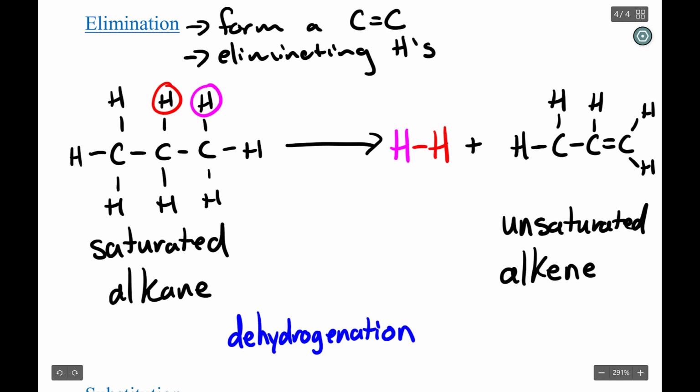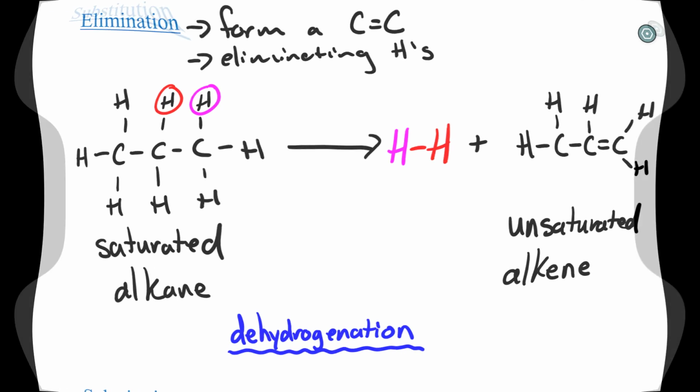You've probably heard of hydrogenation before, like hydrogenated vegetable oil, margarine. This is dehydrogenation, which is the exact opposite. Rather than adding hydrogens into the double bond, we're eliminating or removing hydrogens, so dehydrogenation of the saturated alkane.